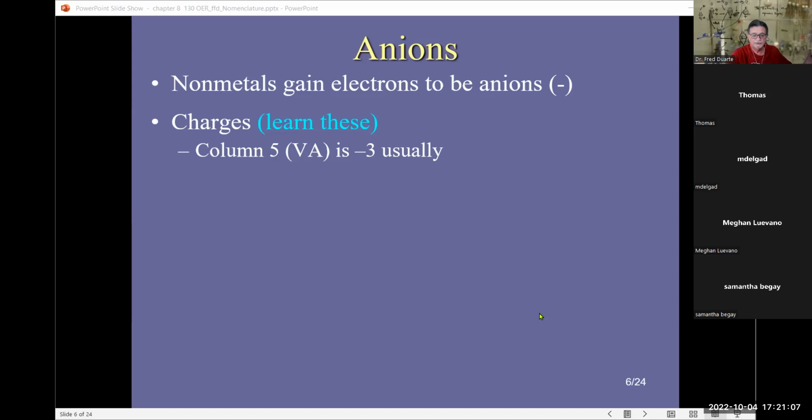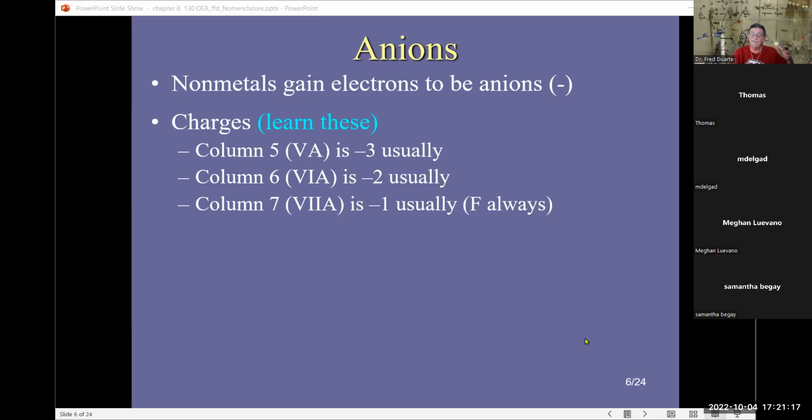Group 6, they're only 2 electrons away. So they're going to pick up 2 electrons, resulting in a -2 charge. Group 7, they're right next to the noble gases that are, quote, happy, because their octet has been fulfilled. Group 7 is only 1 away. So every nonmetal in group 7 will gain 1 electron, resulting in an overall -1 charge.